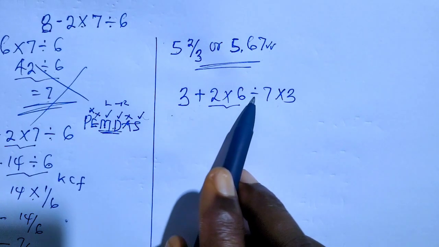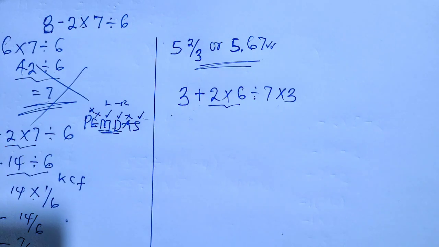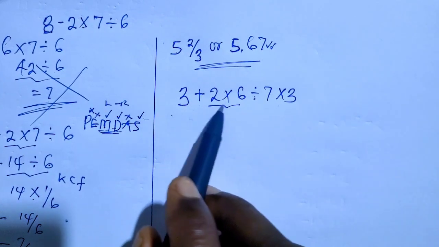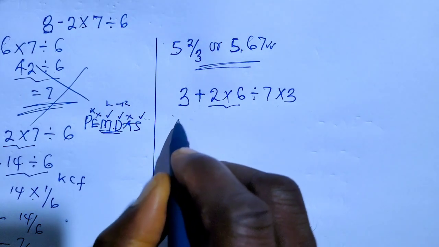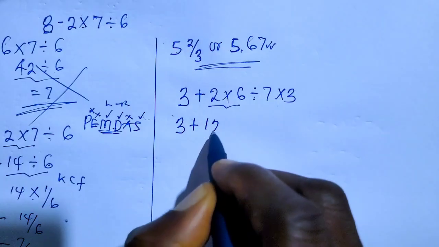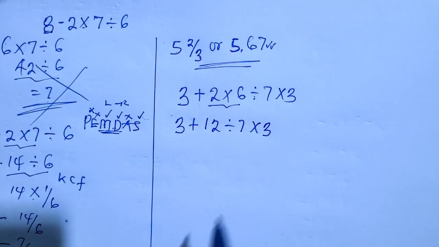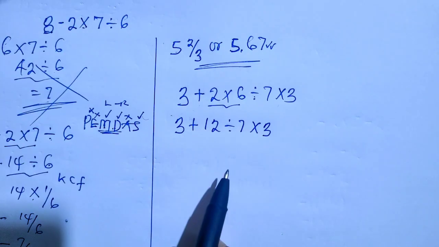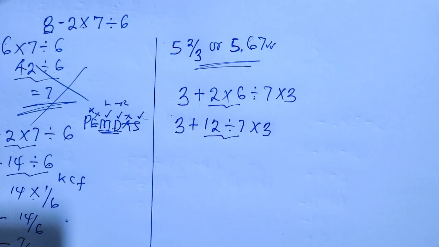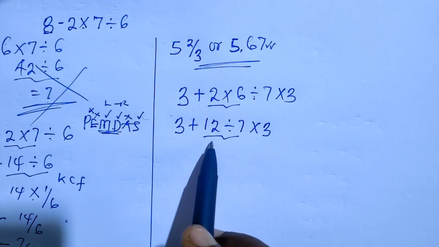And from this, note that we move for the operation from left to right and we consider this one first, and this expression becomes 3 plus 2 times 6, that gives us 12, divided by 7 when multiplied by 3. We still move here from left to right, and right here we are going to consider division, and here we are going to apply KCF again.